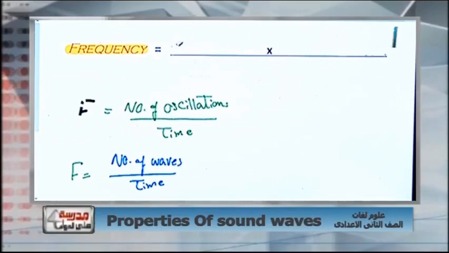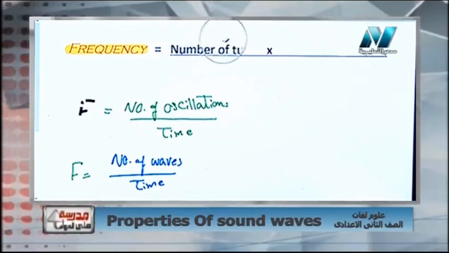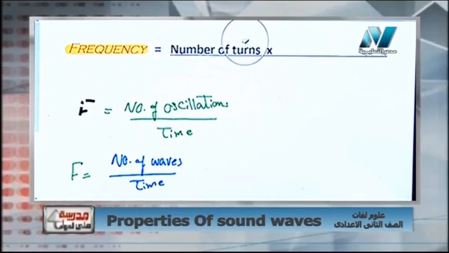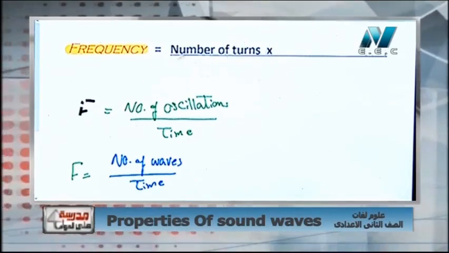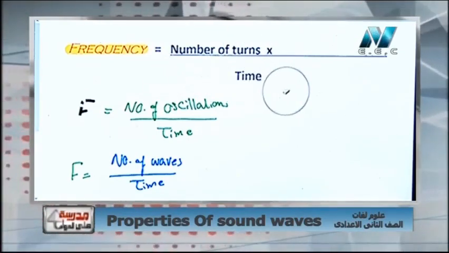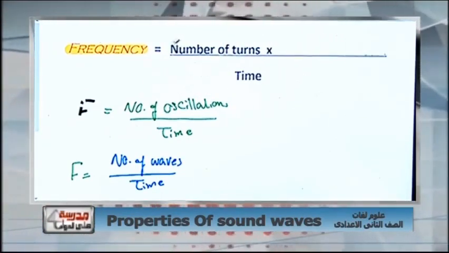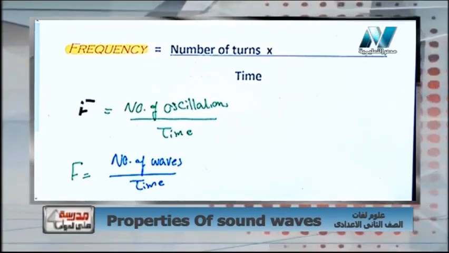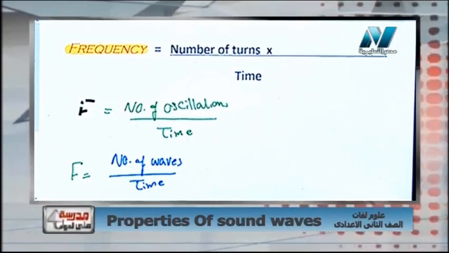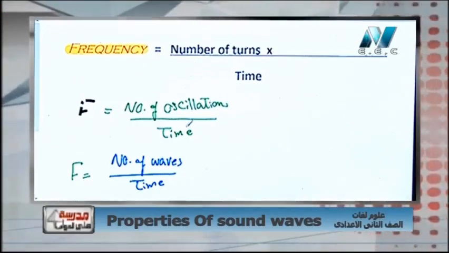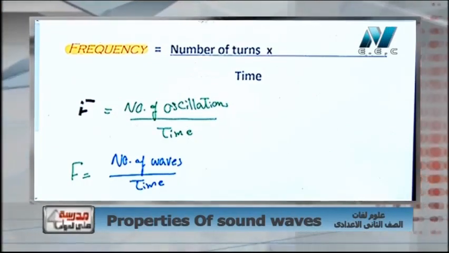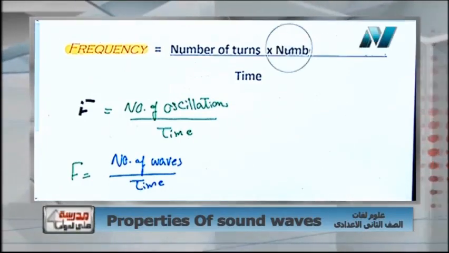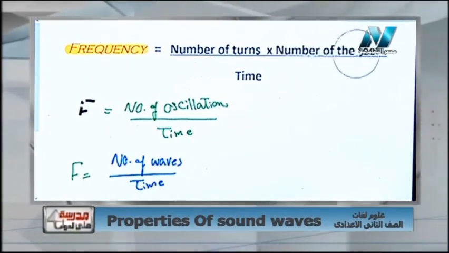Equal number of turns over time. Someone would say it's like number of oscillations over time or number of waves over time. I tell him but here we have another factor, what? Yes, number of the teeth.